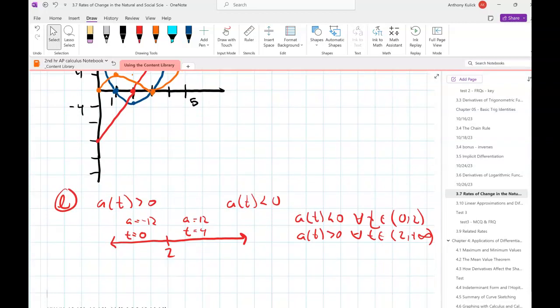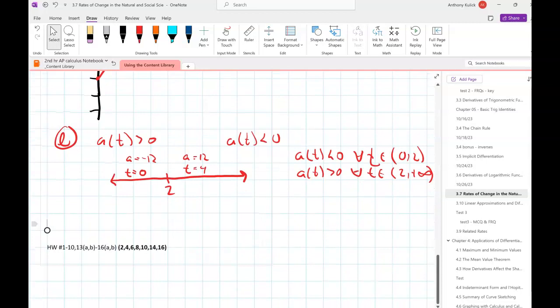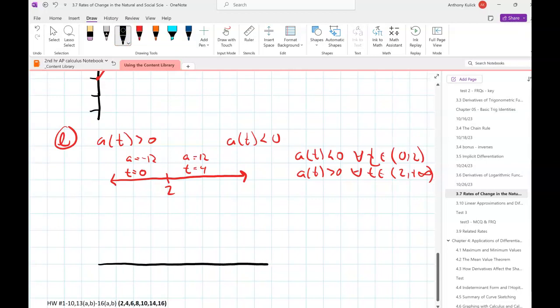Yes. But let's think about this a little bit further. So let's say here, this is t equals 0, 1, t equals 2, 3, 4, 5, 6, and at that point, everything is the same, right?